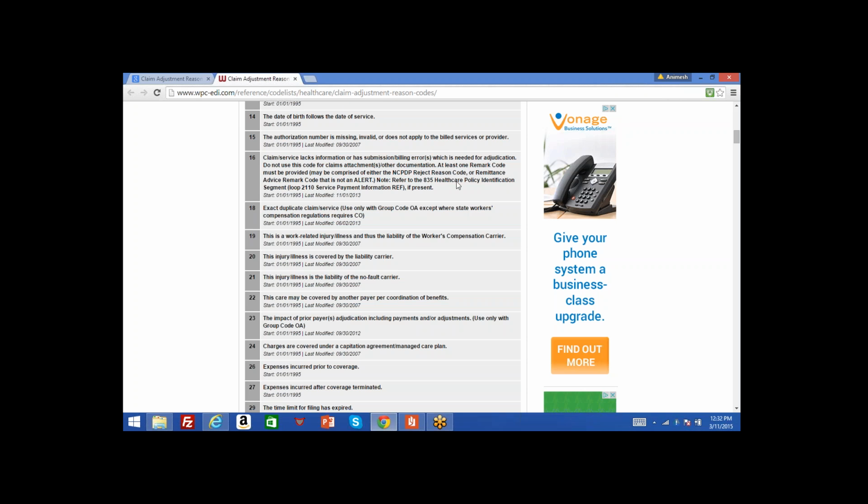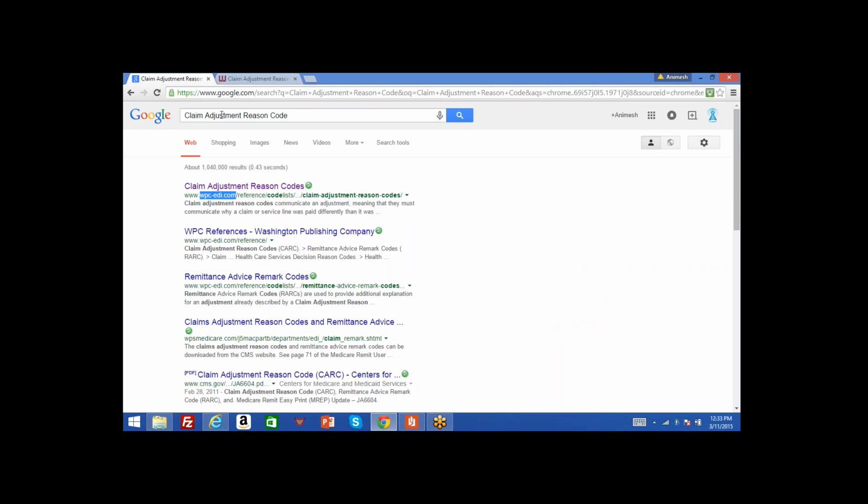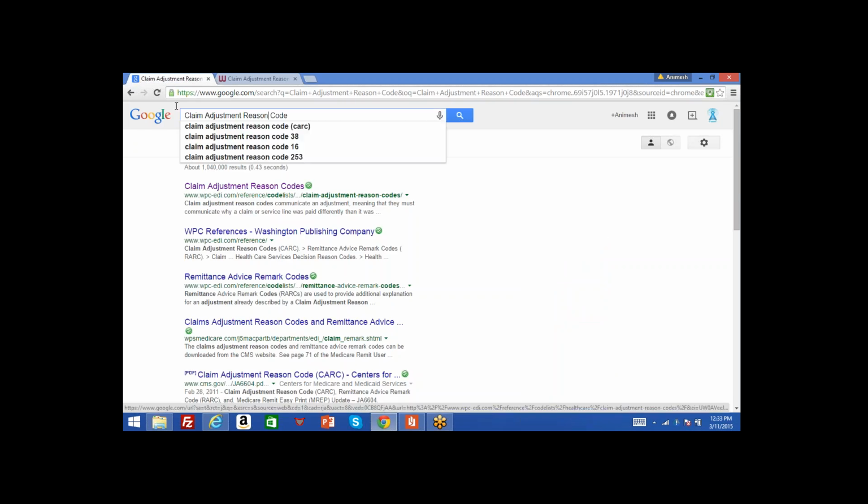Every time, you must use a message code as part of the CARC, claim adjustment reason code. If it has to do with the deductible, it's message code 1. If it has to do with the coinsurance, you say message 2. If there is a member liability for any of these reasons, you need to say whether 1, 2, 3, something like that. You need to provide that.